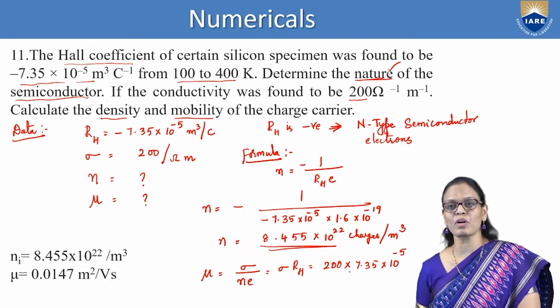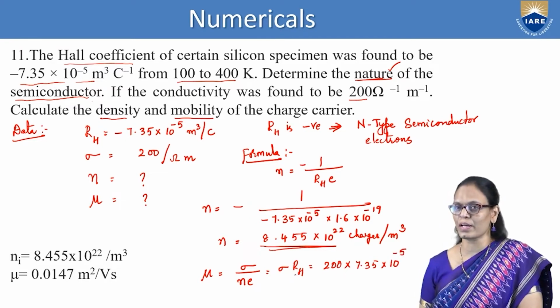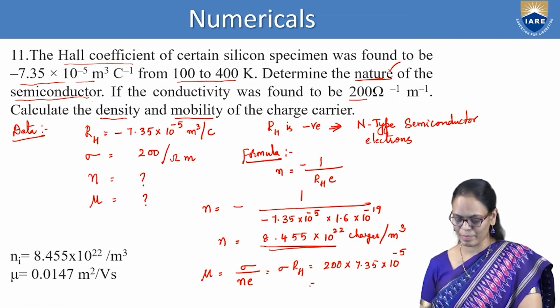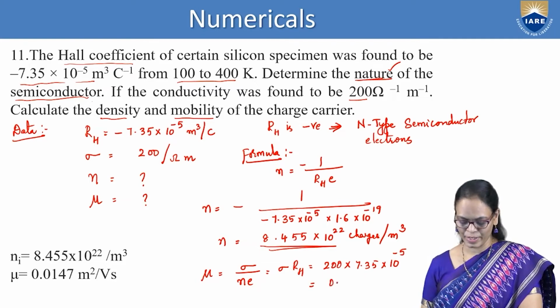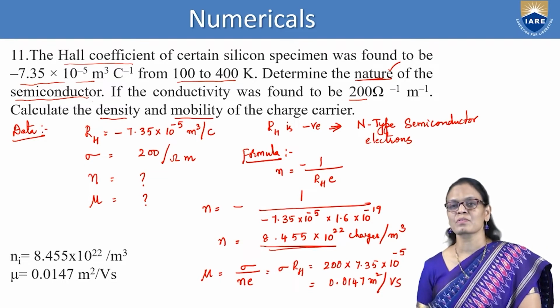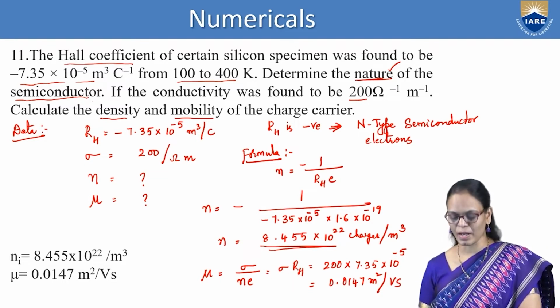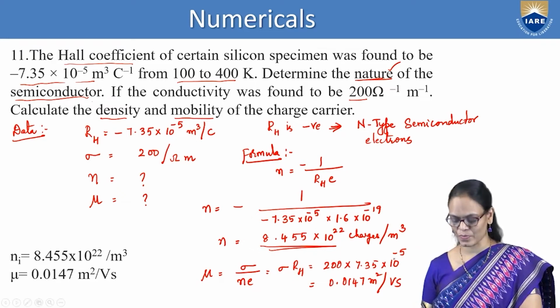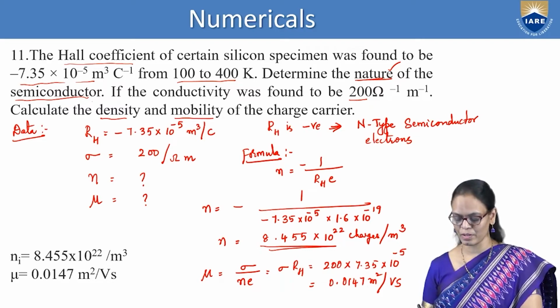For mobility, we need not consider the charge because they do not have the direction. We are only talking about how they are moving, mobility. Since we know the value of sigma and RH both, I am substituting directly. 200 into 7.35 into 10 power minus 5, we get 0.0147 meters square per volt second.